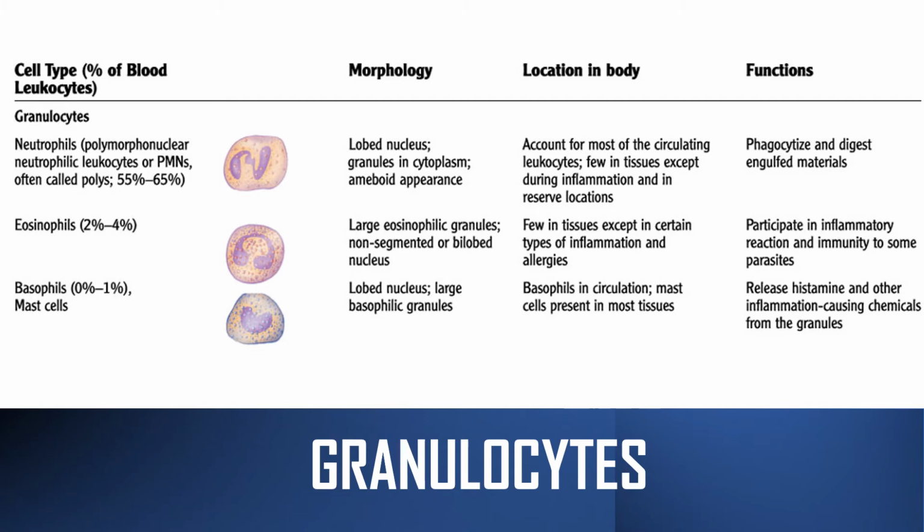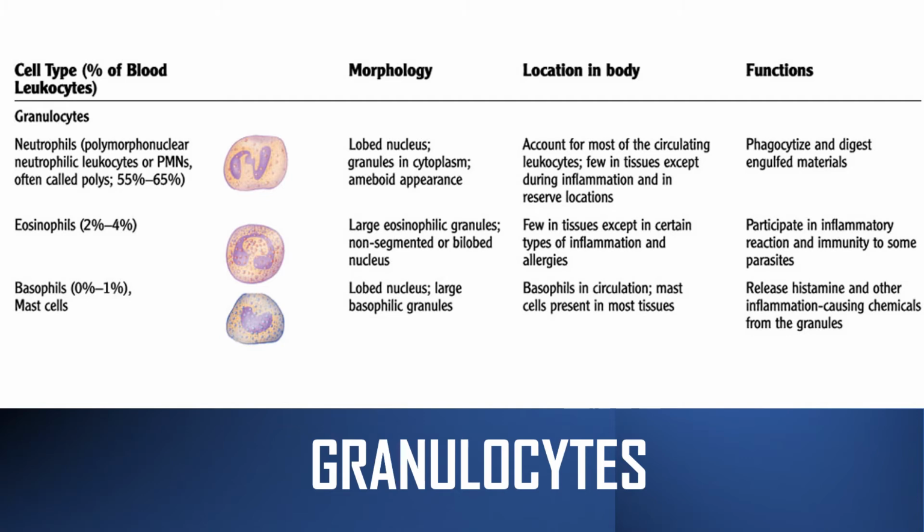The second type of granulocyte is the eosinophil. They have large eosinophilic granules and a non-segmented or bilobed nucleus. They are few in tissue except in certain types of inflammation and allergies. They participate in the inflammatory reaction and immunity to some parasites.